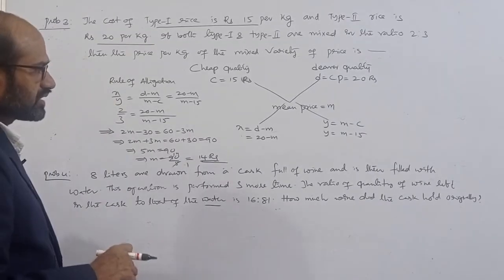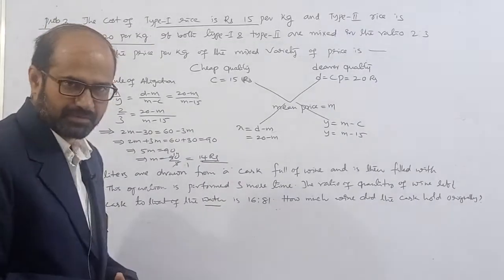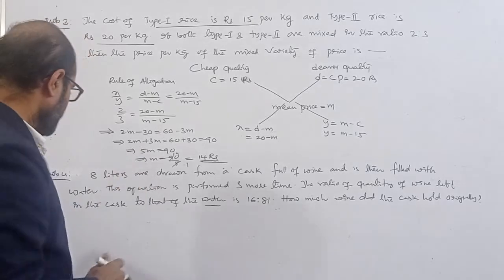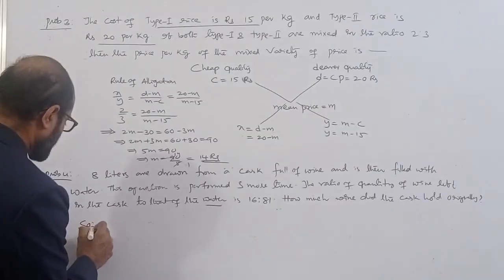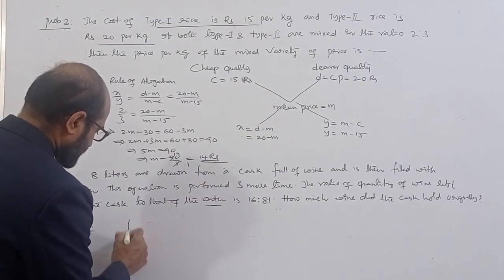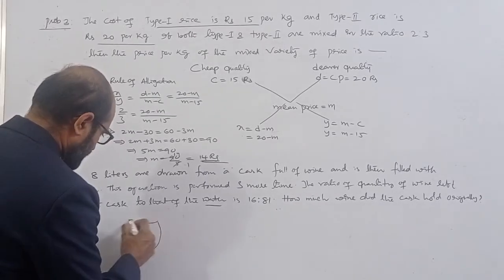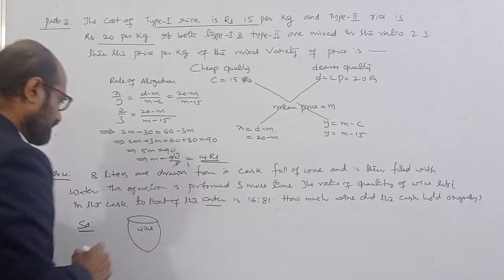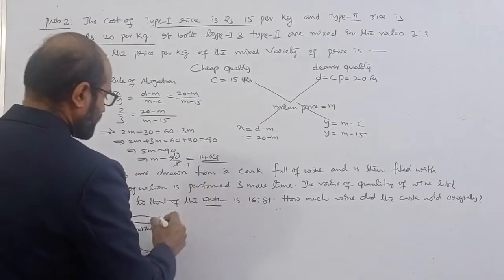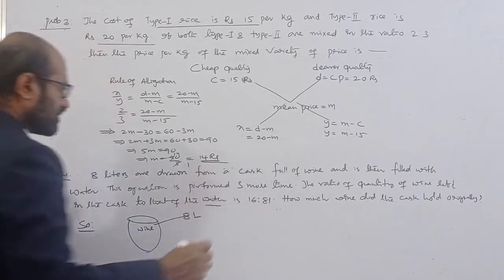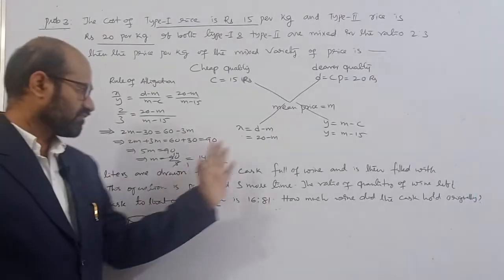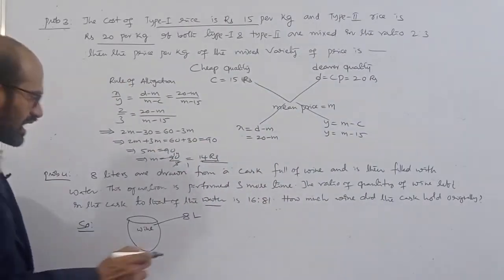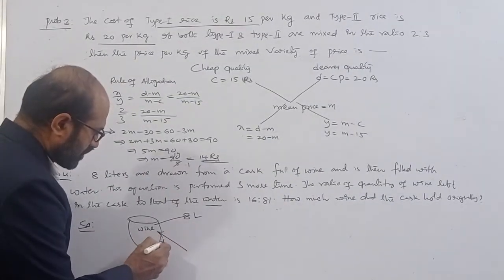Then how much wine did the cask hold originally? See, what is given in the question: let us suppose there is a cask or drum in which wine is there, right? 8 liters of wine is drawn from the cask and it is filled with water.